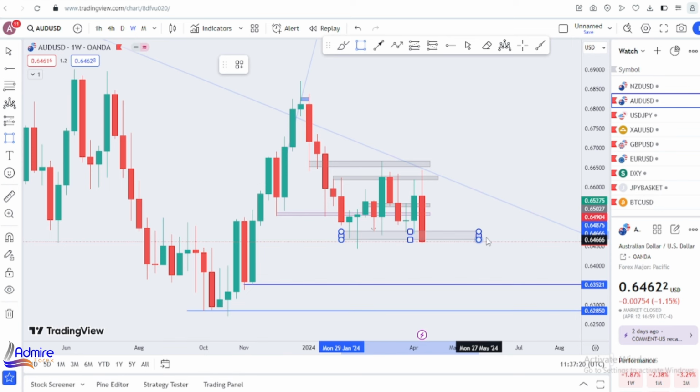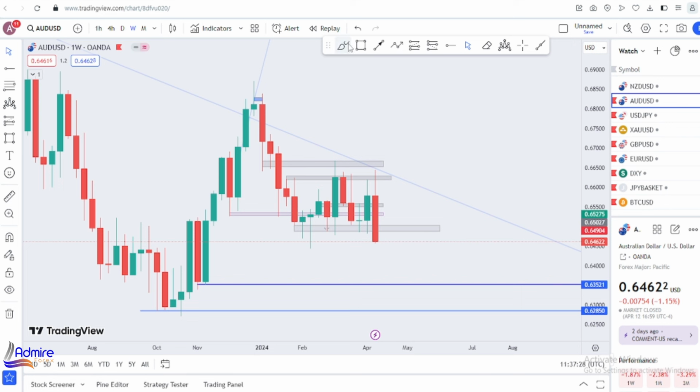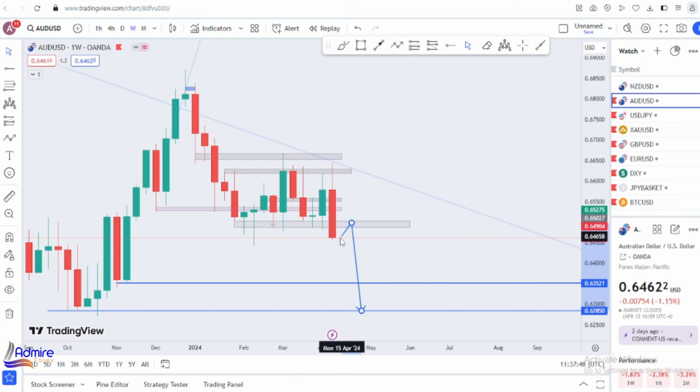We may have some little weak retracement of price into the zone, and bearishness to the 0.63 area, first level. Then we can target the 100% retracement level, which is the 0.628 area. So that's what we'll be looking out for on AUD USD for the coming week.